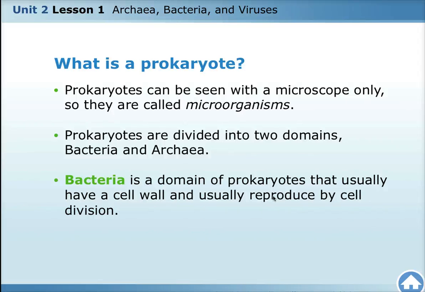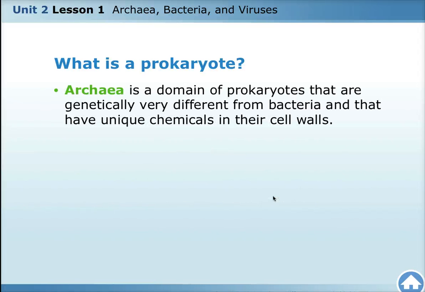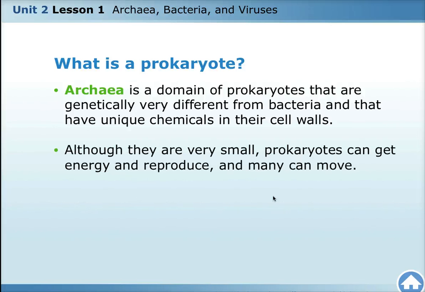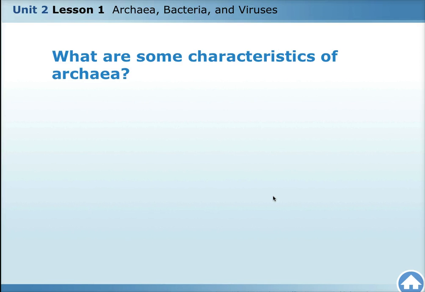Bacteria is a domain of prokaryotes that usually have a cell wall and usually reproduce by cell division. Archaea is a domain of prokaryotes that are genetically very different from bacteria and that have unique chemicals in their cell walls. Although they are very small, prokaryotes can get energy and reproduce, and many can move.